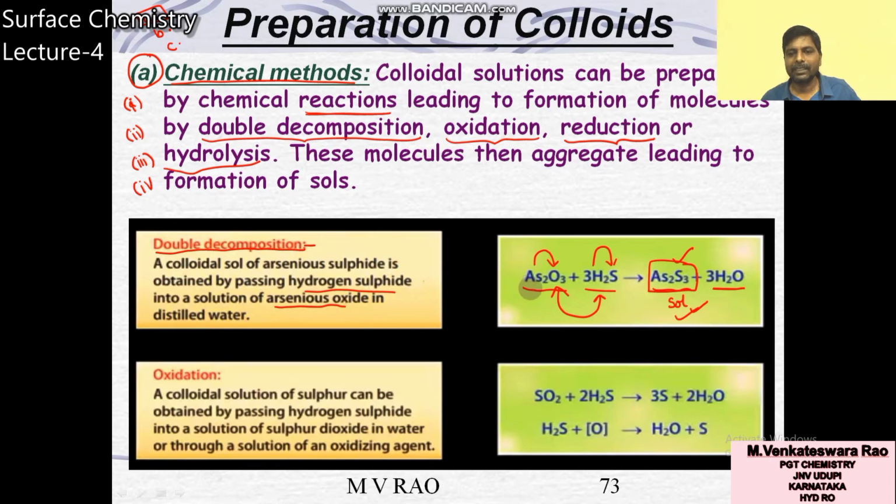That means arsenious oxide is treated with hydrogen sulfide to give arsenious sulfide sol. So what type of reaction is this one? A double decomposition reaction. So colloids can be prepared by chemical methods, namely the double decomposition reaction.